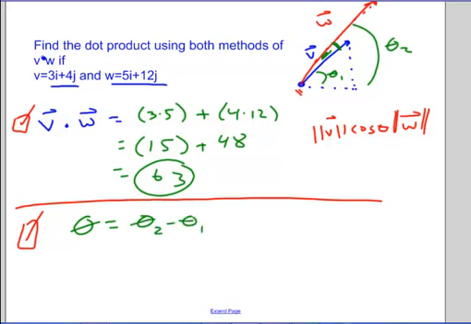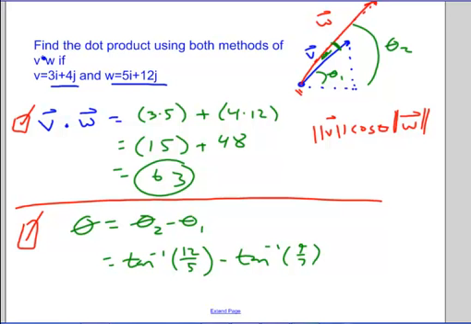That's the angle between them. So theta 2 is tan inverse of 12 over 5 minus theta 1, which is tan inverse of 4 over 3.